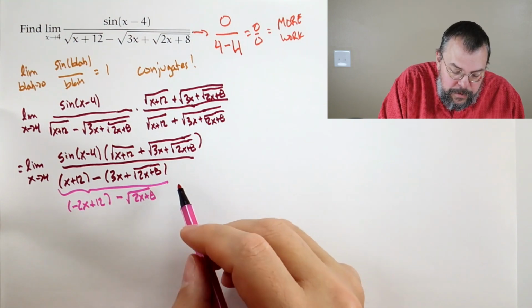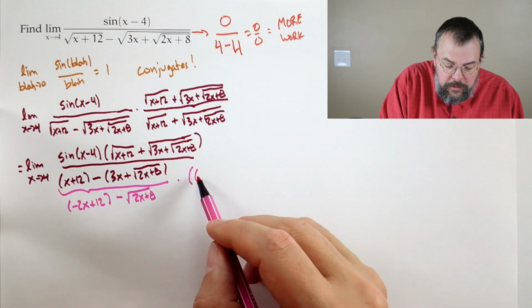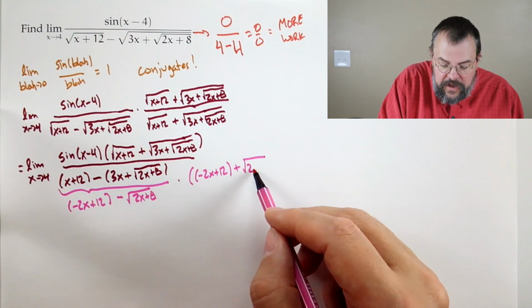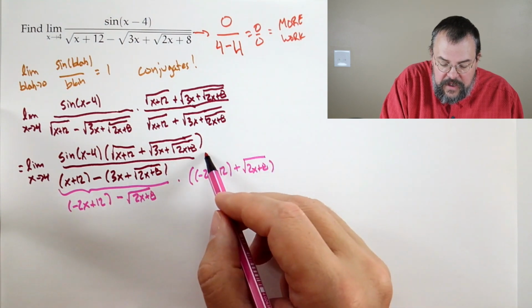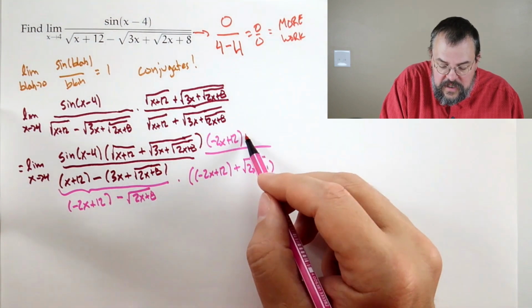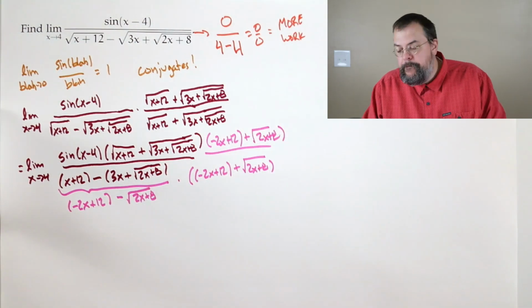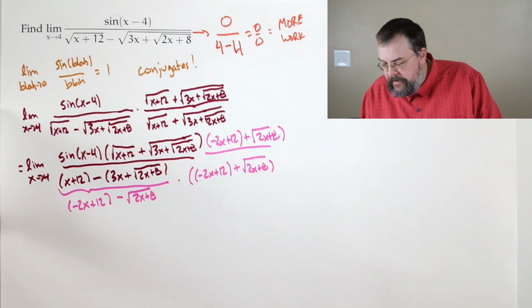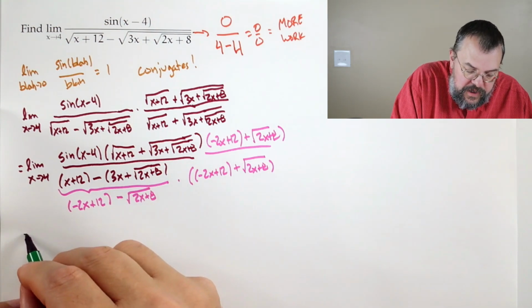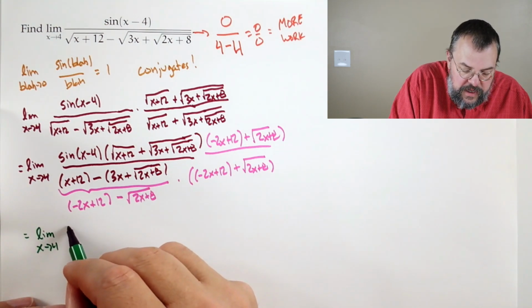Okay, well, what to do? Well, so now we're going to multiply again by the conjugate. So negative 2x plus 12 plus square root of 2x plus 8. And we're going to do it both upstairs and downstairs. Now, what do we have? Well, at this point, we have the upstairs is getting really packed. Well, that's all right. That happens.